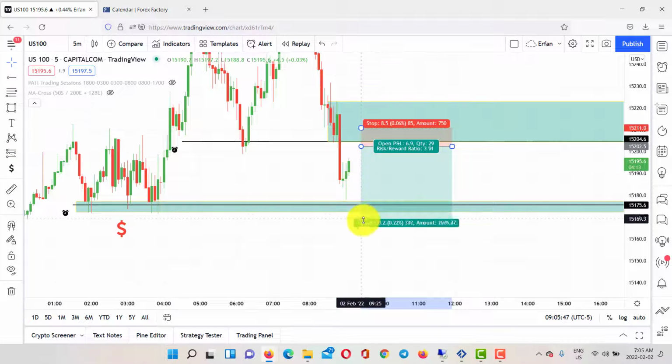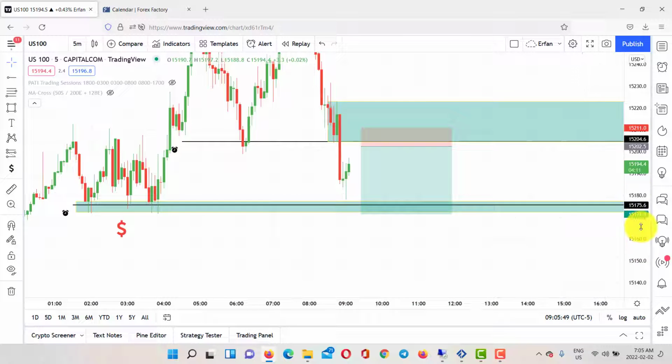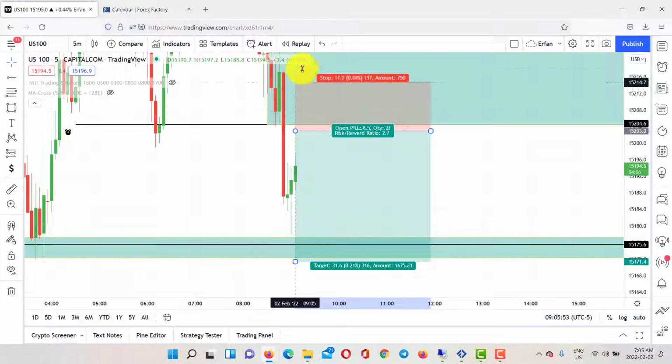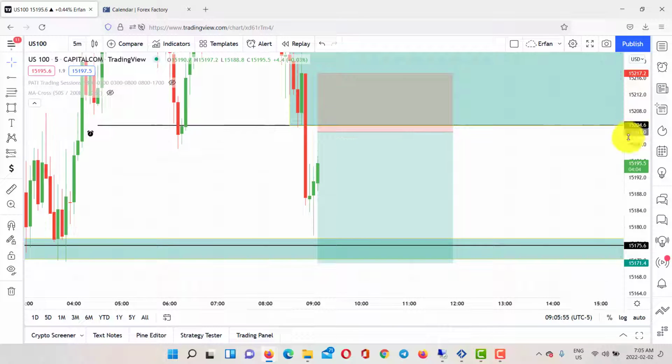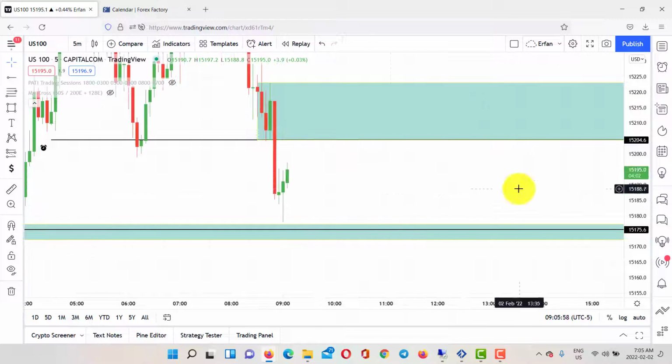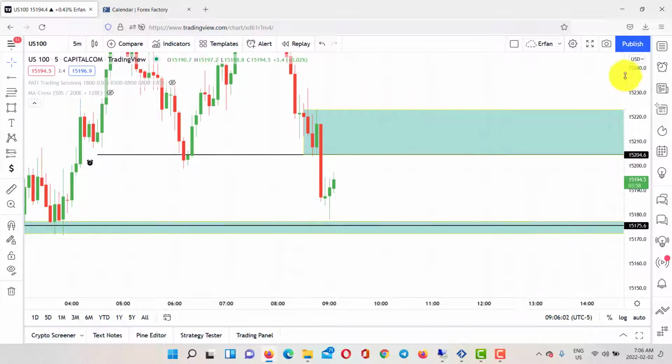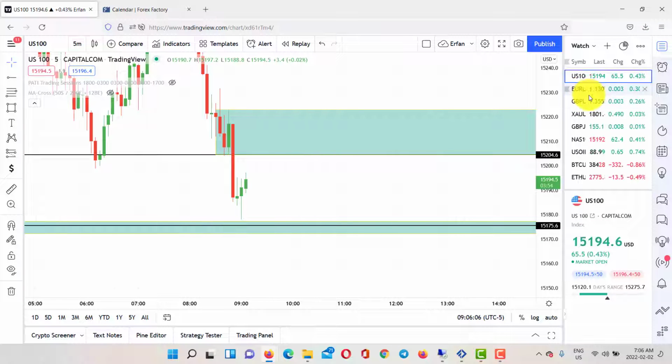Let's see, like, yeah, 1 to almost 4 risk reward ratio. It depends on the momentum and my stop loss, but 1 to 2 to 1 to 4 risk reward ratio for this trade. If it works out well, we'll see, but I'm going to focus on this one for now, and probably GBPUSD.